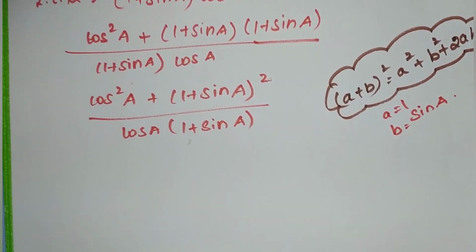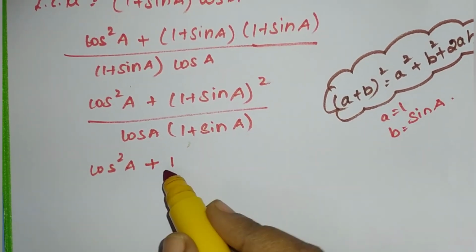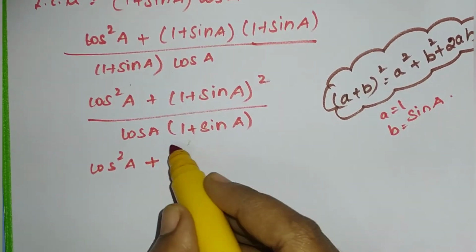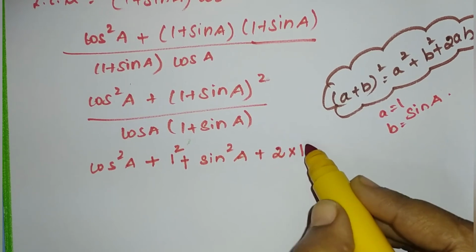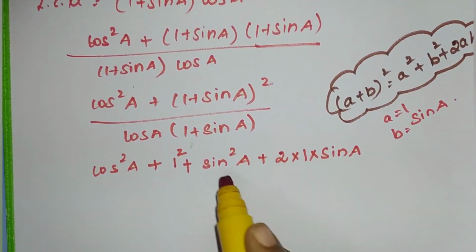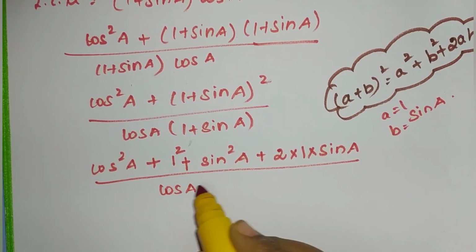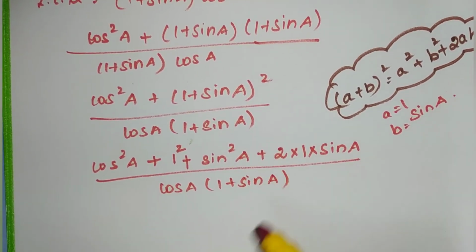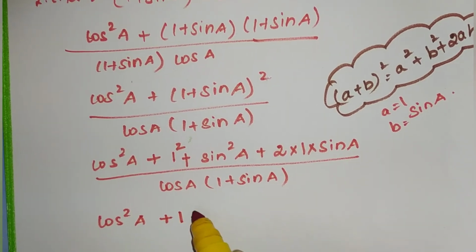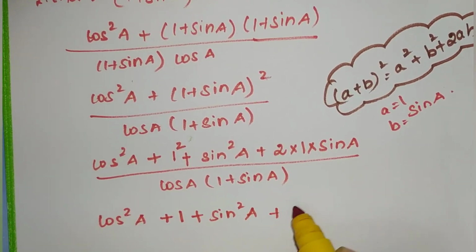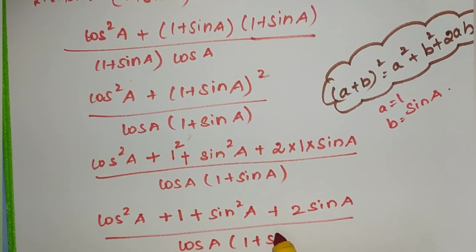Sin A. So now cos square A plus 1 square is 1 only, so 1 plus sin square A plus 2 into 1 into sin A, divided by cos A into 1 plus sin A.